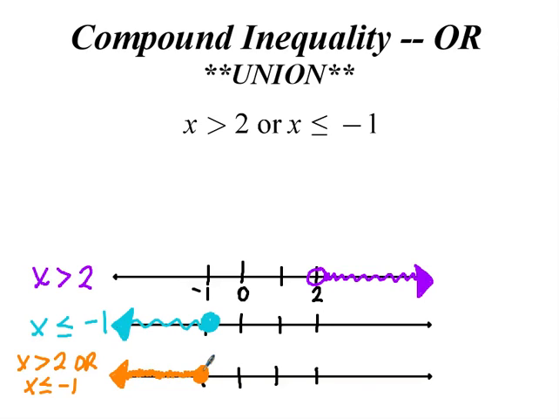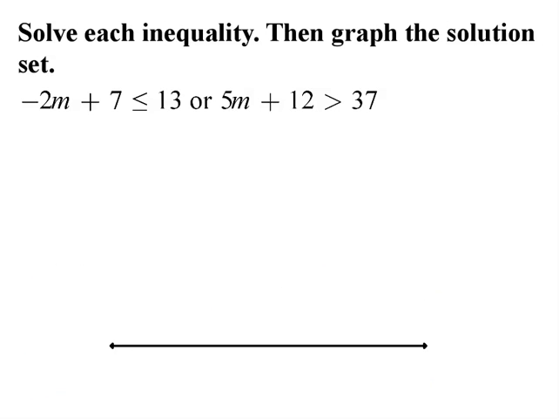Is the number 1 shaded? No. Is the number 2 shaded? No, but I'm going to use an open circle, and then I'm going to shade all the way to the right arrow. So with unions, it just matters that it's shaded in one. Can be shaded in both, but it has to be shaded in at least one for it to be in the answer. So let's go ahead and look at an example of union.